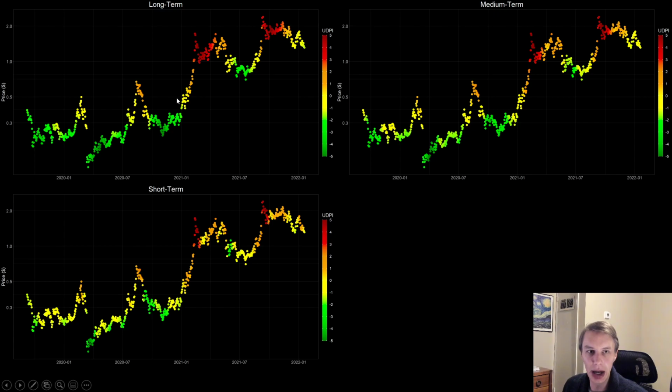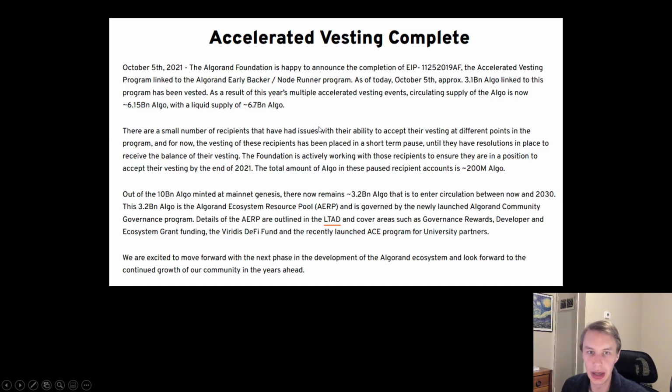There's not going to be as much to stop a pump as there was before, from just a mechanical perspective, because this program is now complete. Now, who knows what's going to happen? That doesn't guarantee that the next Algorand pump is going to be some blow-your-socks-off insane run. But it certainly is more likely now that this program is complete than before it was complete, in my opinion. So just something to be aware of.